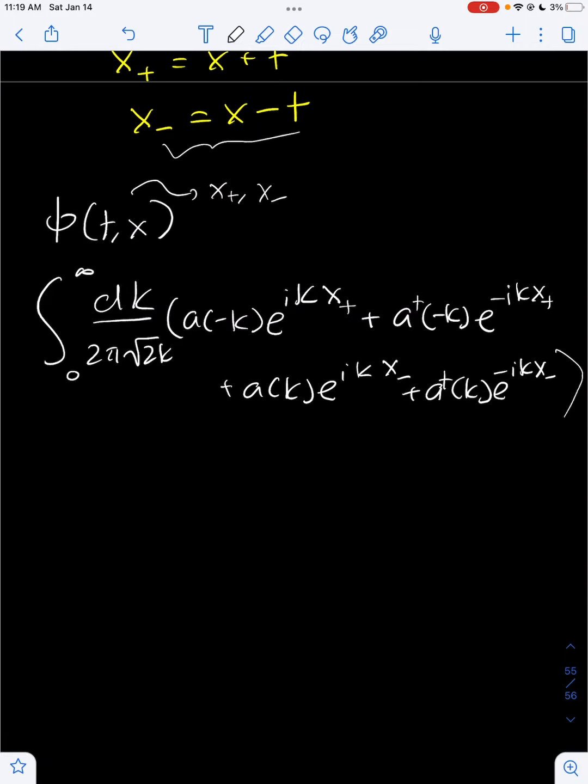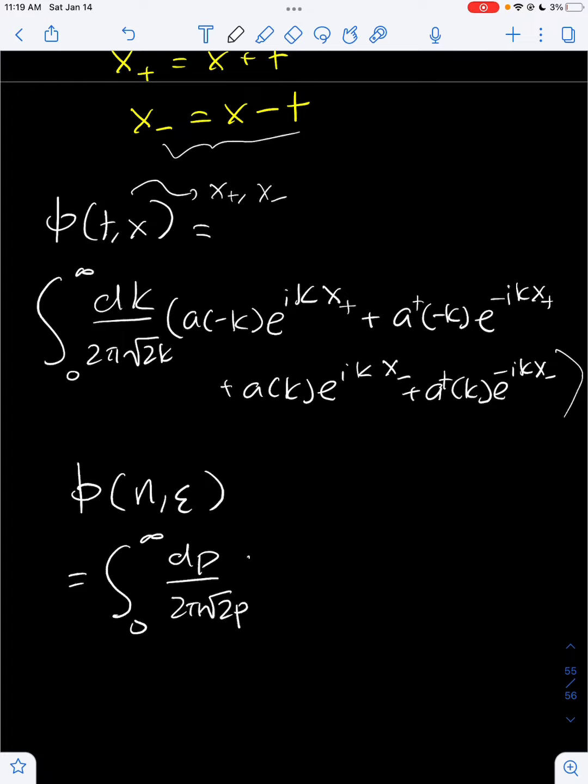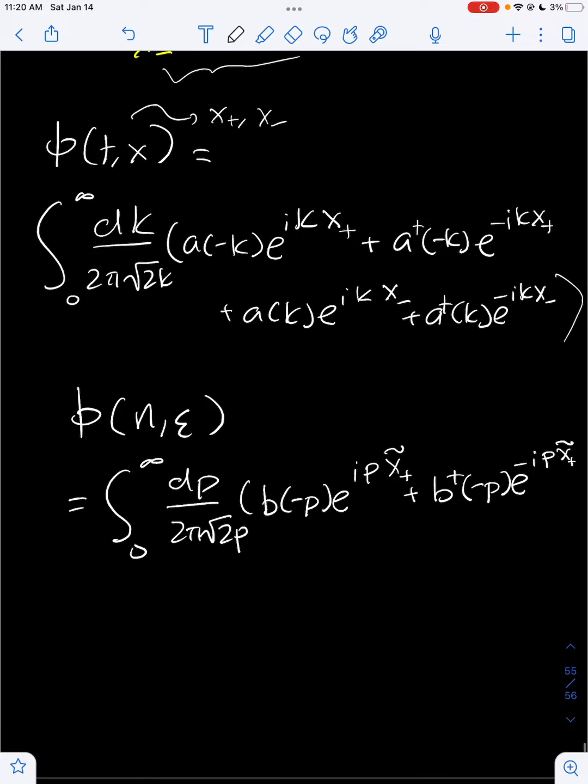We'd get that phi of n epsilon would be the integral from 0 to infinity of dp over 2 pi square root of 2p, b of minus p, and then plus b of p e to the i p.